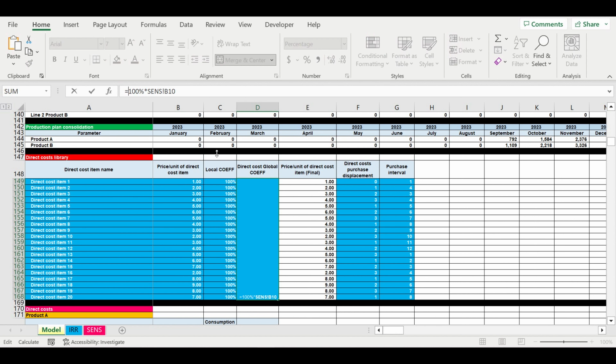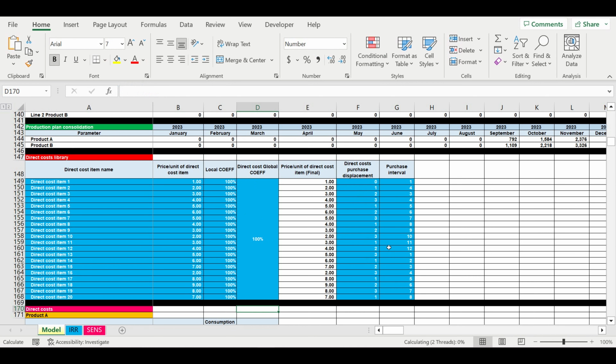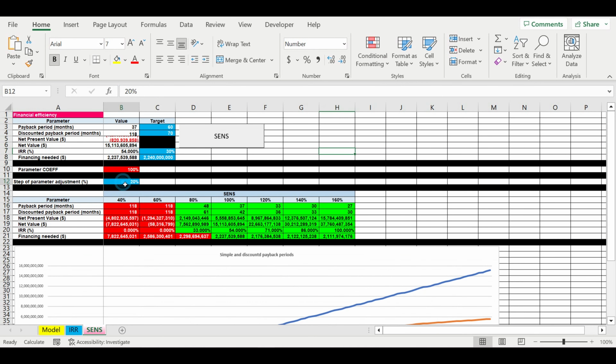So as you can see, we can play with coefficients and add coefficients to any input we want. And for example, we can increase the step. Now let's press the send button.